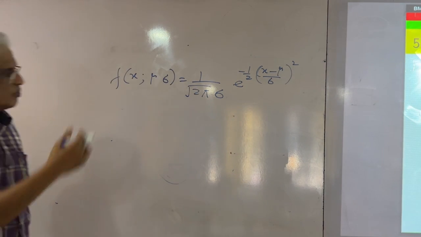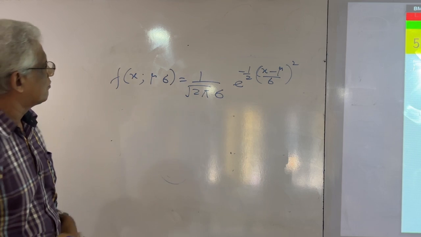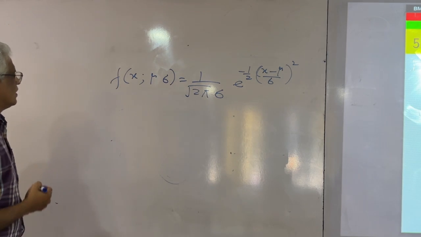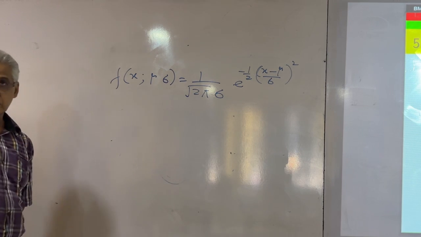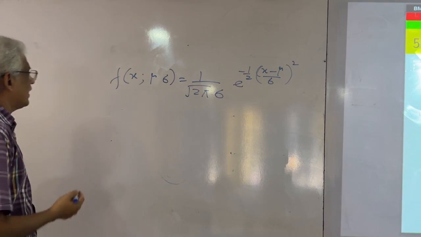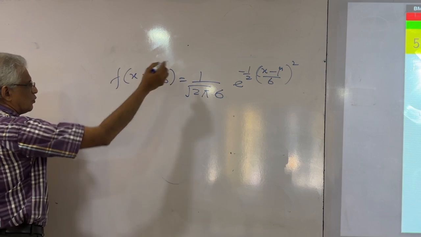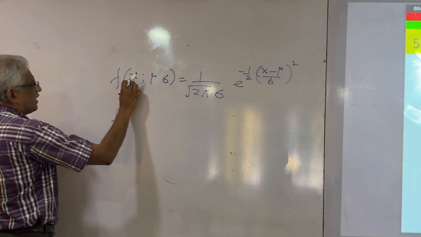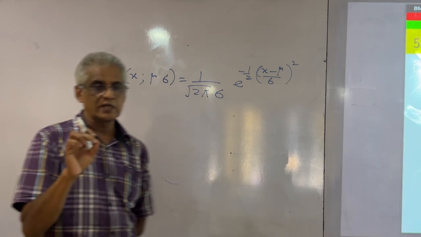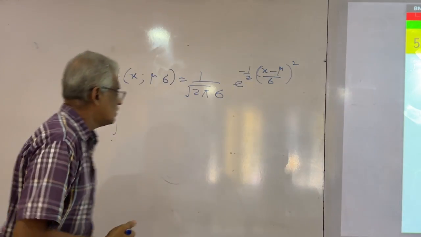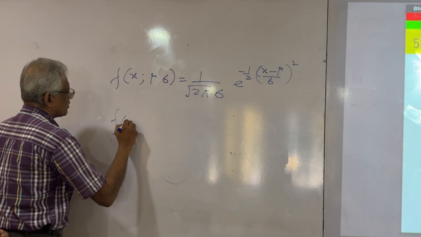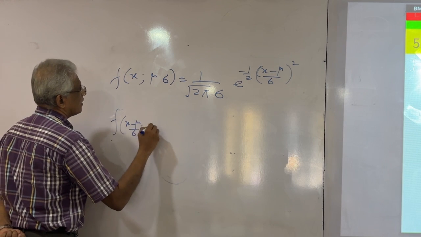In this case, mu will be equal to 63.5 and sigma is equal to 3. So if you write down the density for the standard units, you can get it from the same formula. What you have to do is, instead of x, you put x minus mu over sigma. Right? So it will be x minus mu over sigma, and then mu and sigma.